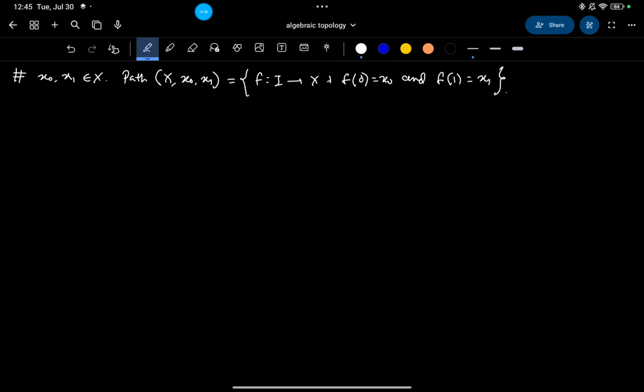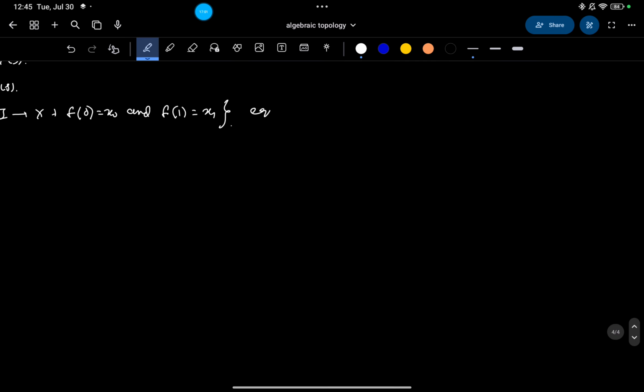If it is the set of all paths in the topological space X, in that case I can define an equivalence relation, that is nothing but homotopy.